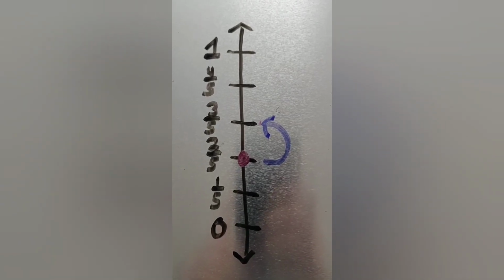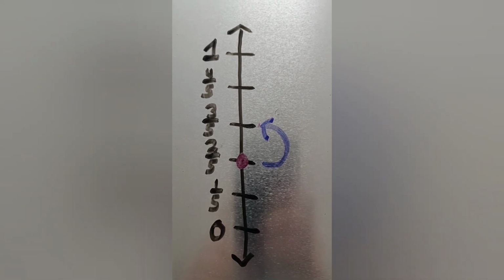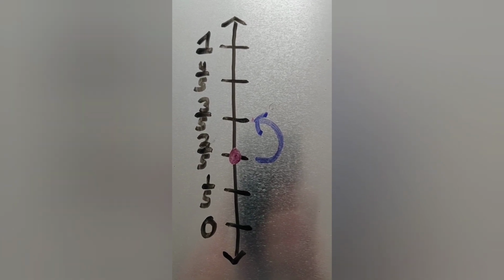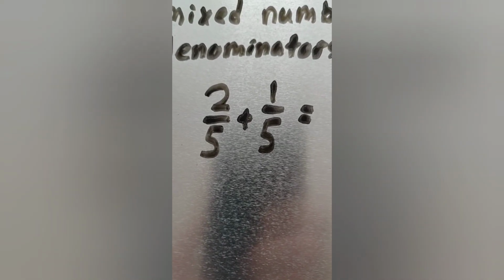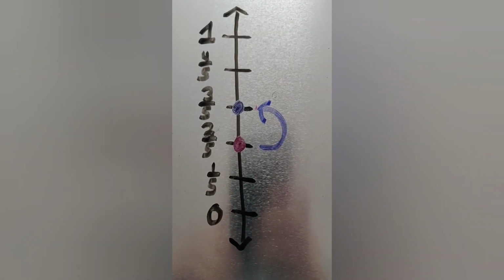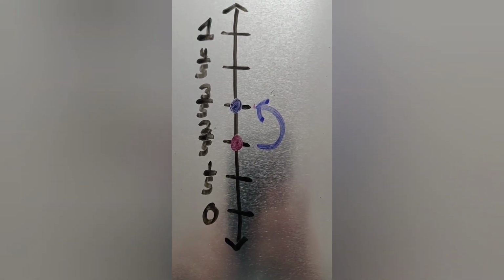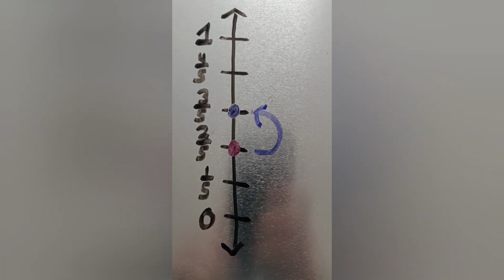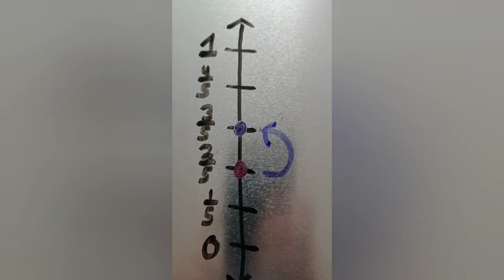And that arrow going from 2/5 to 3/5 shows 2/5 increasing by 1/5, going up in value by 1/5, which puts us at 3/5. So 2/5 plus 1/5, or 2/5 increasing by 1/5, equals 3/5. One more time, 2/5 plus 1/5 equals 3/5.